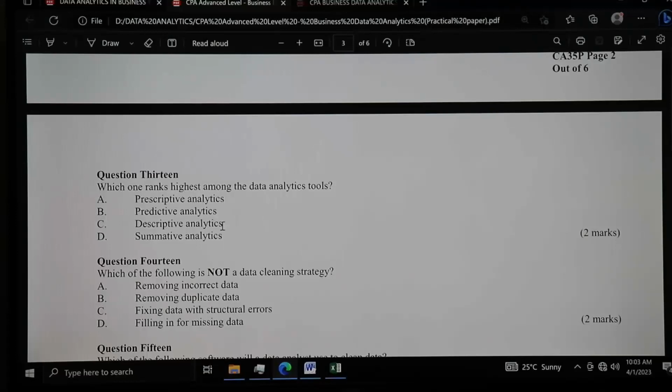If you check here very well, you find that almost all the answers could actually be described as correct. Removing incorrect data is still a data cleaning strategy. When we talk of strategy here, we mean a unique plan of data cleaning.